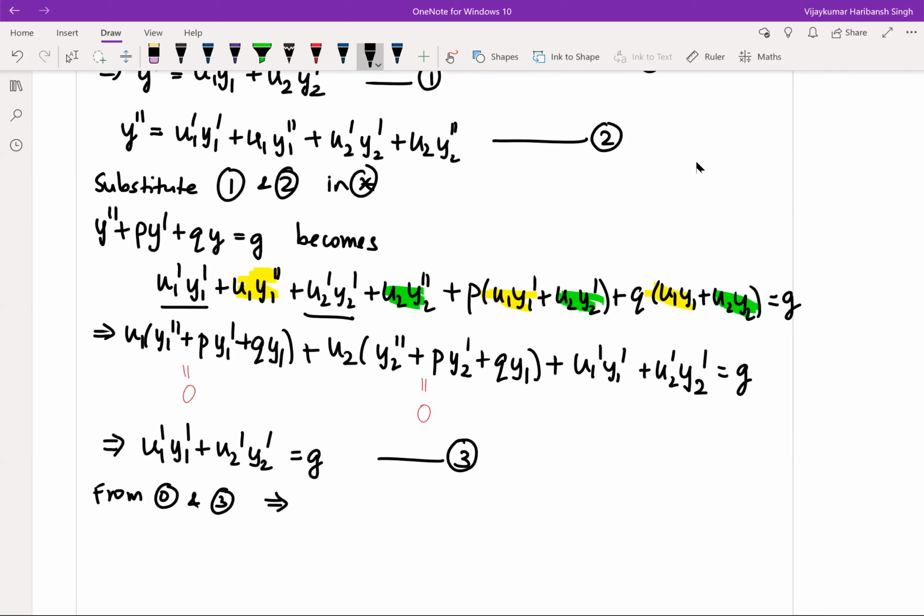Let me rewrite the 0 equation here. What was my 0th equation? My 0th equation was u1 prime y1 plus u2 prime y2 equals 0.